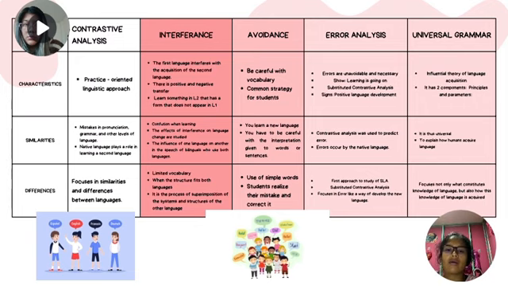Now, we are going to talk about universal grammar. Well, some characteristics of universal grammar are that it is an influential theory of language acquisition, and so important is that it considers that knowledge of a grammar in the mind is made up of two components that are principles and parameters.